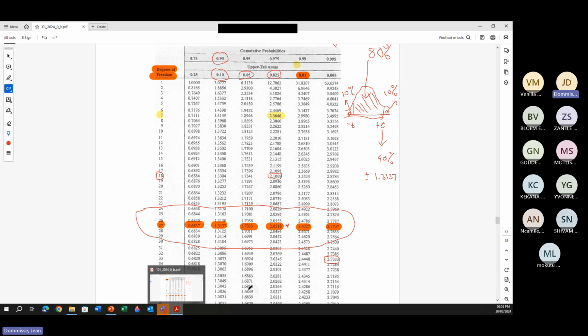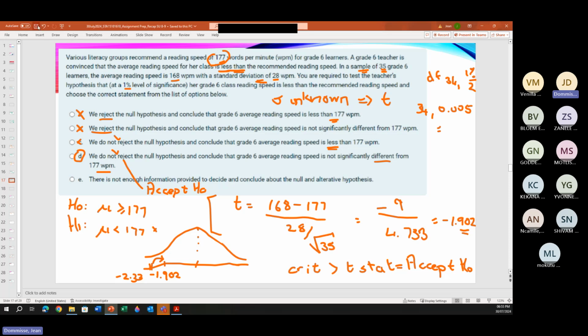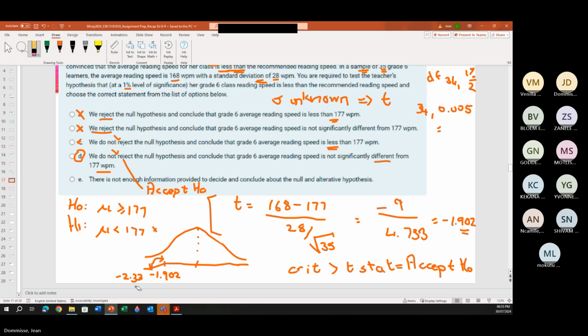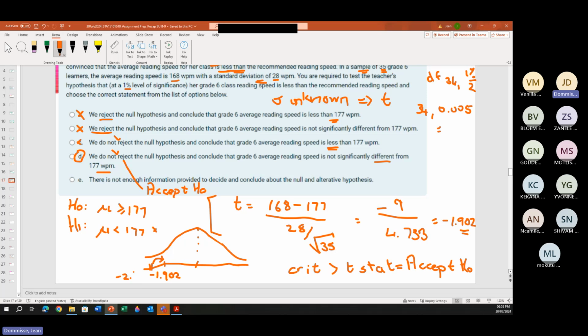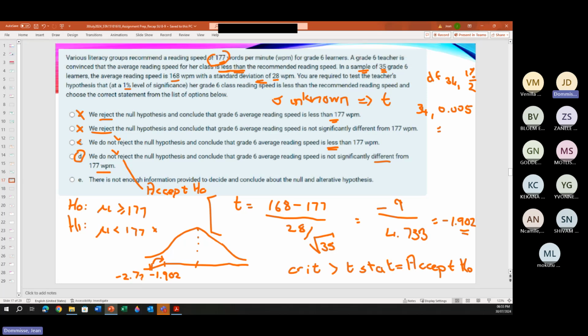So let's just do that. That was actually minus 2,72. And you use degrees of freedom when your standard deviation is unknown. So when your population standard deviation is unknown, we use a T.